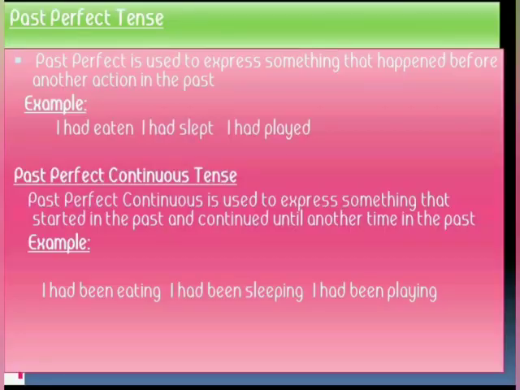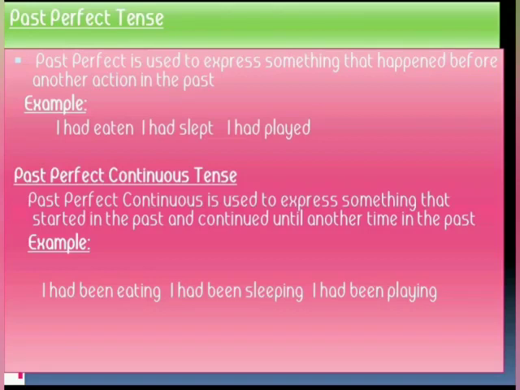Past perfect tense. Past perfect is used to express something that happened before another action in the past. For example, I had eaten. I had slept. I had played. Past perfect continuous tense.